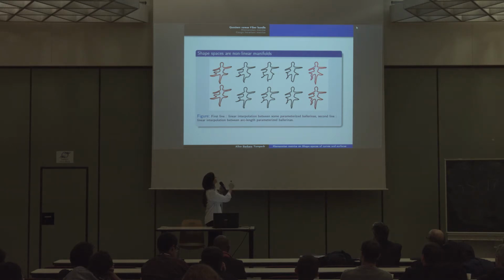The first line is just the linear interpolation between the parametrizations, which, as you see, is very bad here. The second line is when you start with an arc length parametrized ballerina here, and here an arc length parametrized ballerina, and you look at the linear interpolation between them. It's a little bit better, but not really.